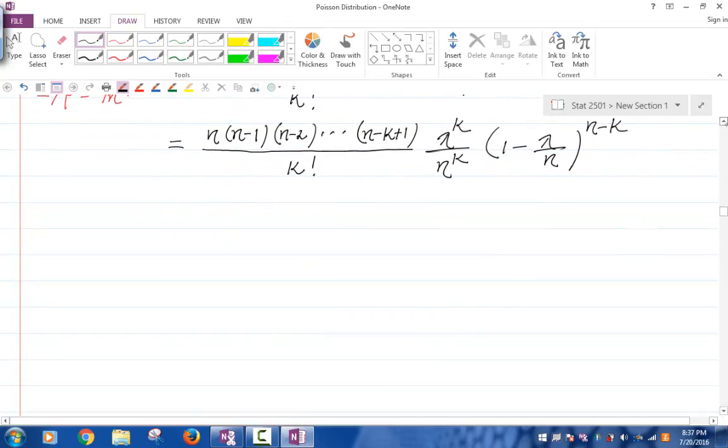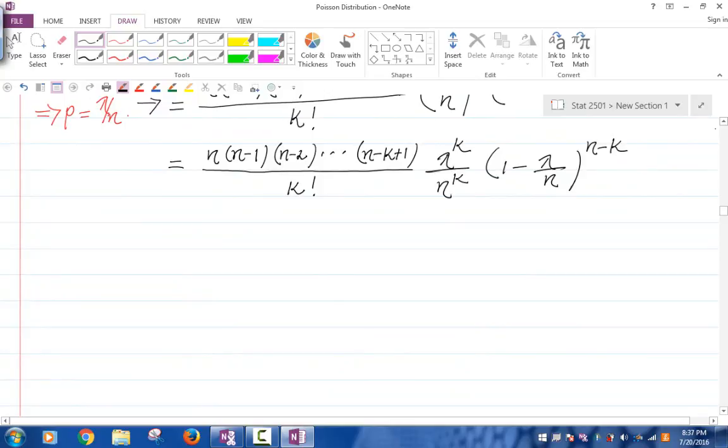Now we are going to switch the k factorial and n^k in the denominator. Let's just write one more line.